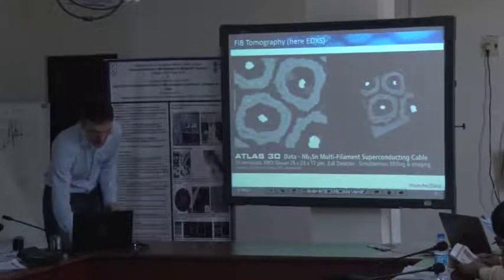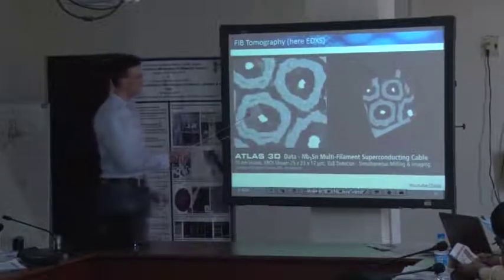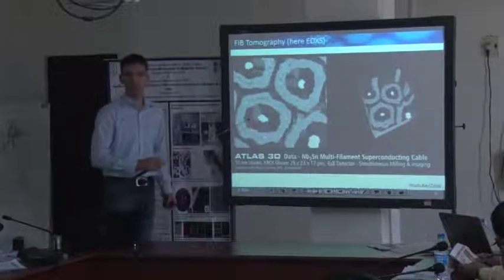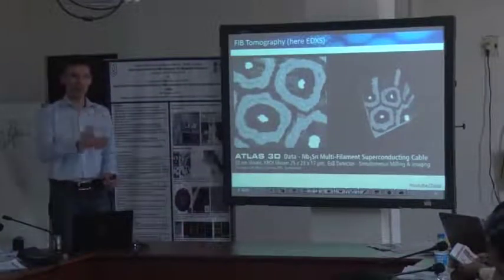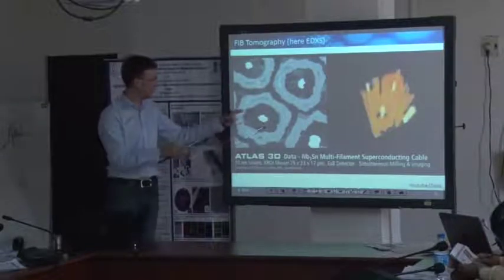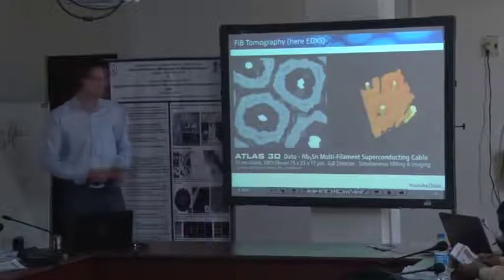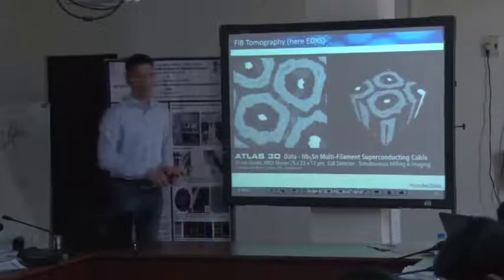Let me just show you this example again, because here you see very nice channeling contrast, so the sample quality during this FIB milling is always pretty good for such channeling contrast, to observe the different grains here and the twins within those grains. So you end up with quite high contrast.